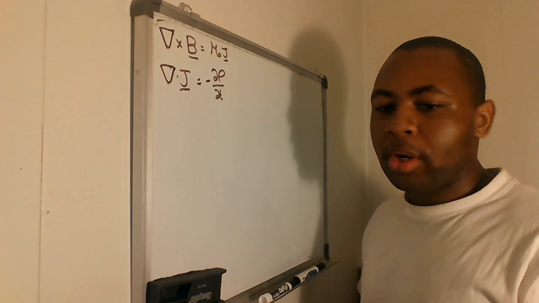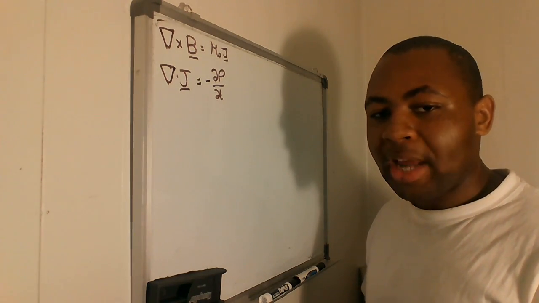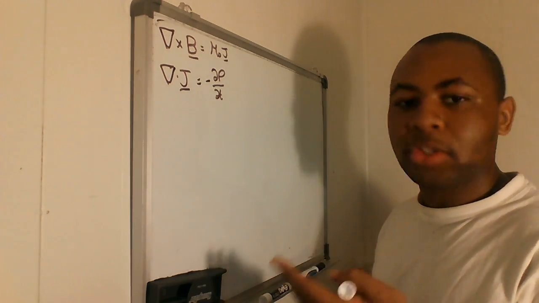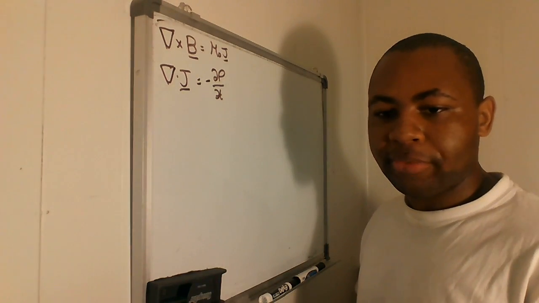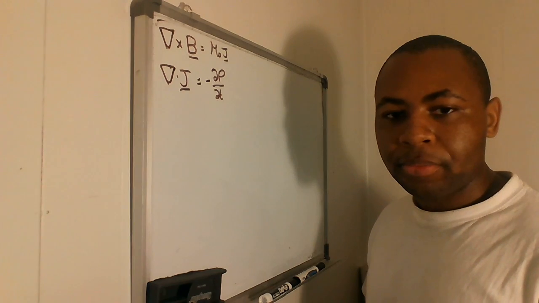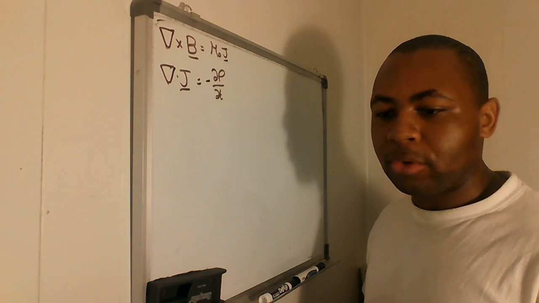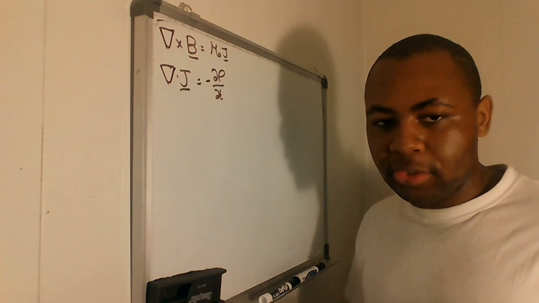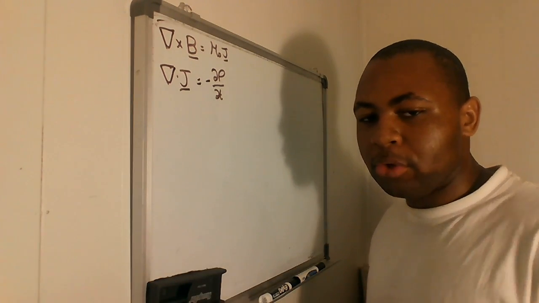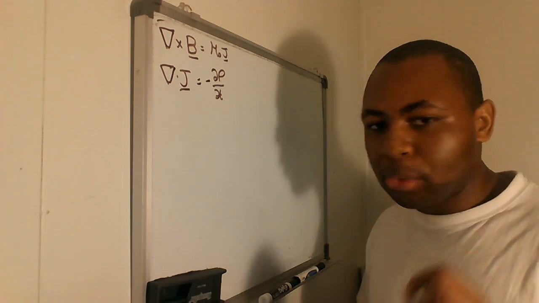And for a magnetostatic field, well, this is consistent, because what is the divergence of J? It's 0. We're dealing with a steady state condition, where the same amount of charge that's flowing into a space is the same amount of charge that's flowing out. You don't have any magnetic monopoles.